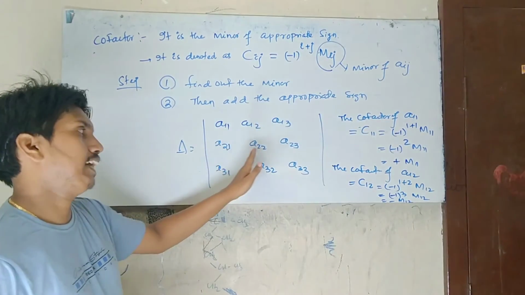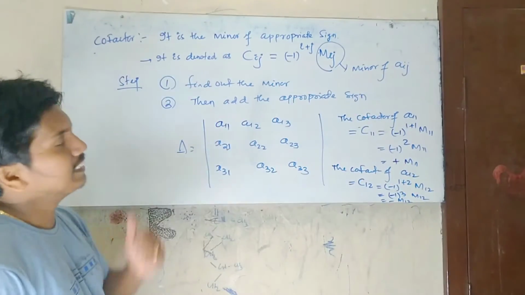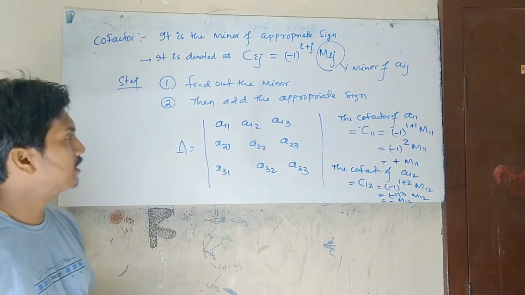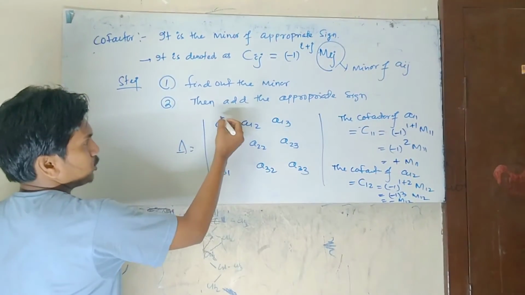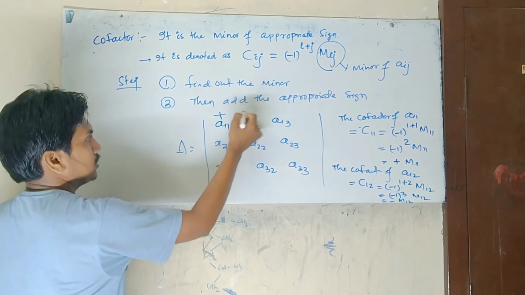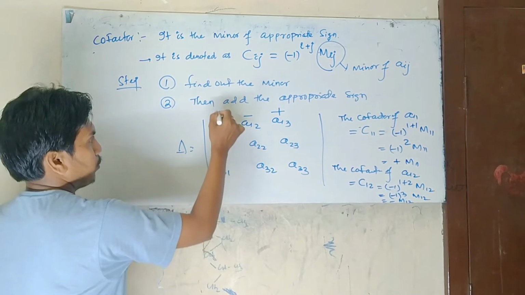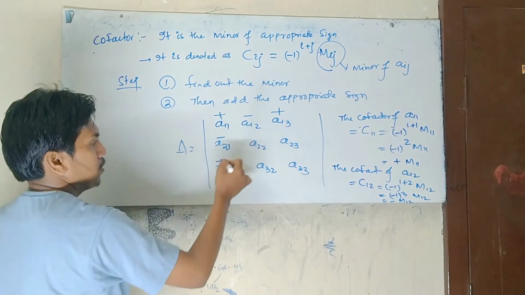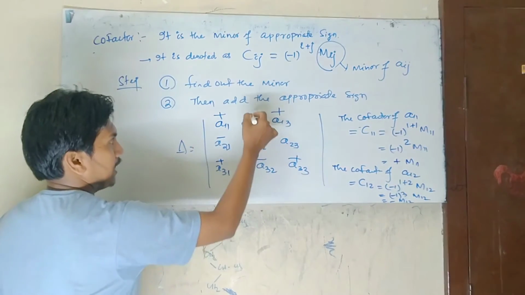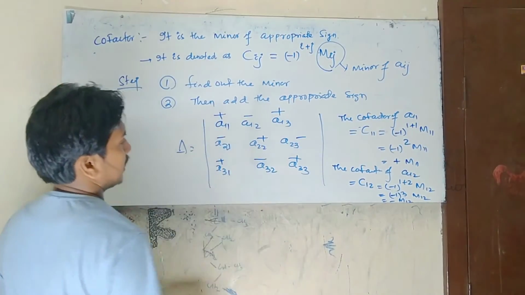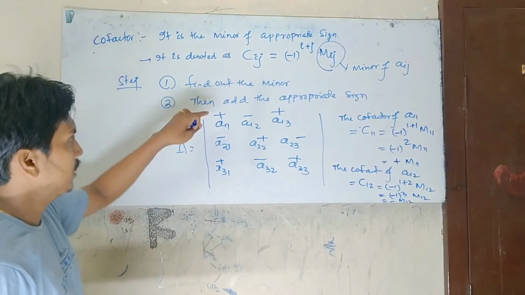And I am giving you a simple way to find out the appropriate sign: for this one the sign is plus, this is minus, this is plus, next is minus plus minus, plus minus plus.